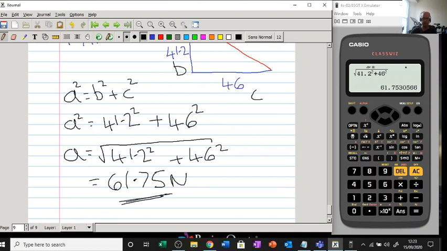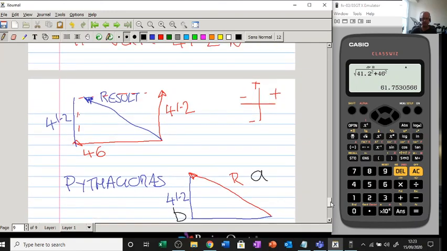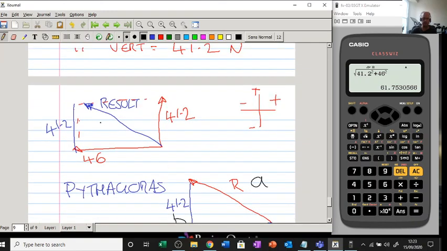What that means, viewers, is that the resultant force is 61.7 that way at that angle. You can work out the angle if you wanted to.